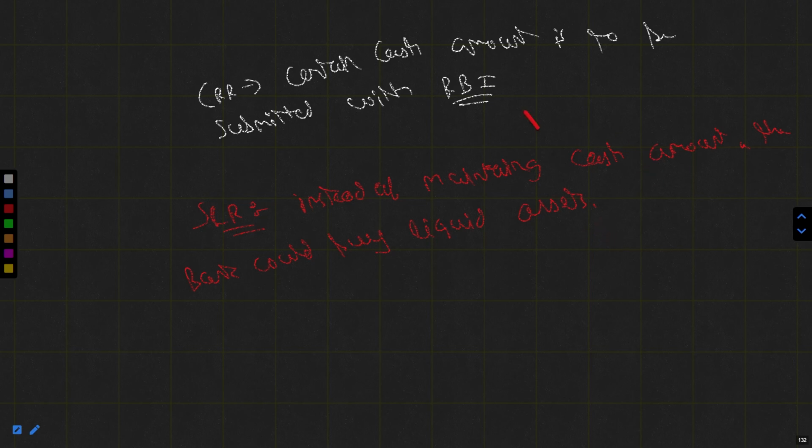So this is the condition. In the CRR, a certain cash amount has to be submitted with the RBI, but in SLR, instead of maintaining the cash amount, the bank could buy liquid assets.